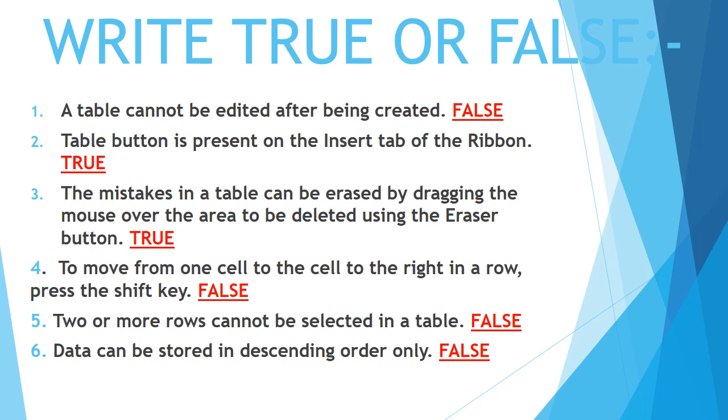Is this true? No, it is also false. We can select 2 rows or more than 2 rows also. Data can be sorted in descending order only. Is this true? No, it is false. Data can be sorted in ascending order, descending order, both.